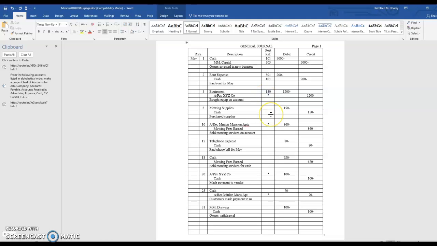Now here we have this asterisk, which shows that we did post this $1,200 credit to XYZ company already, but we still need to post it again to accounts payable in the general ledger. Okay, so accounts payable on the 5th needs a credit of $1,200.